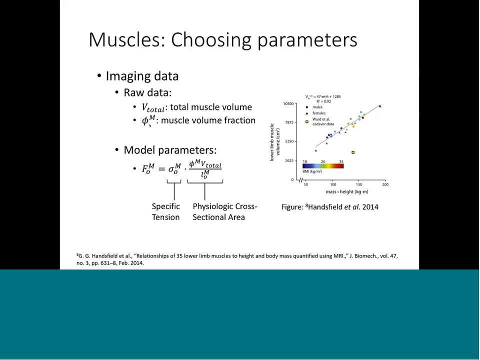So using our single fiber model, we computed muscle physiologic cross-sectional area as individual muscle volume divided by optimal fiber length. And then we scaled this physiological cross-sectional area by specific tension. There's wide variability in reported values of specific tension for mammalian muscle, and ultimately we chose specific tension that was sufficient for our model to produce realistic muscle activity when generating simulations of gaits.